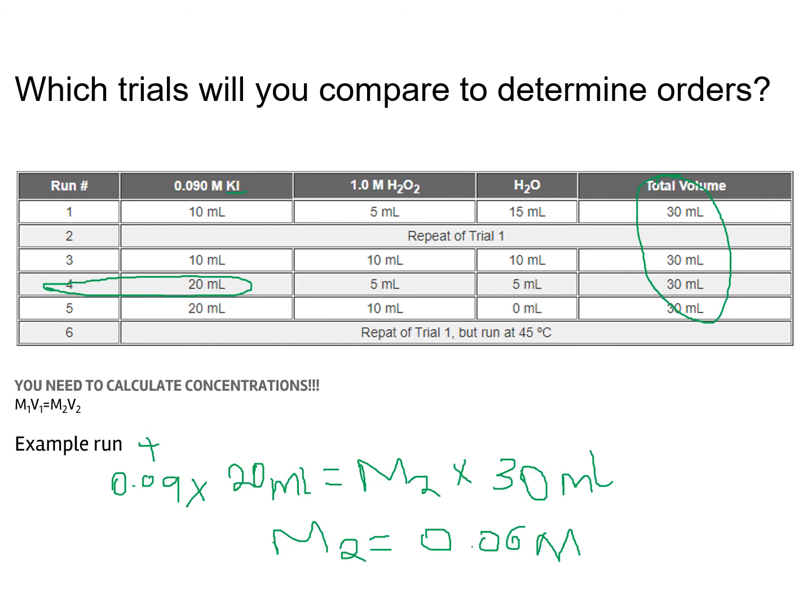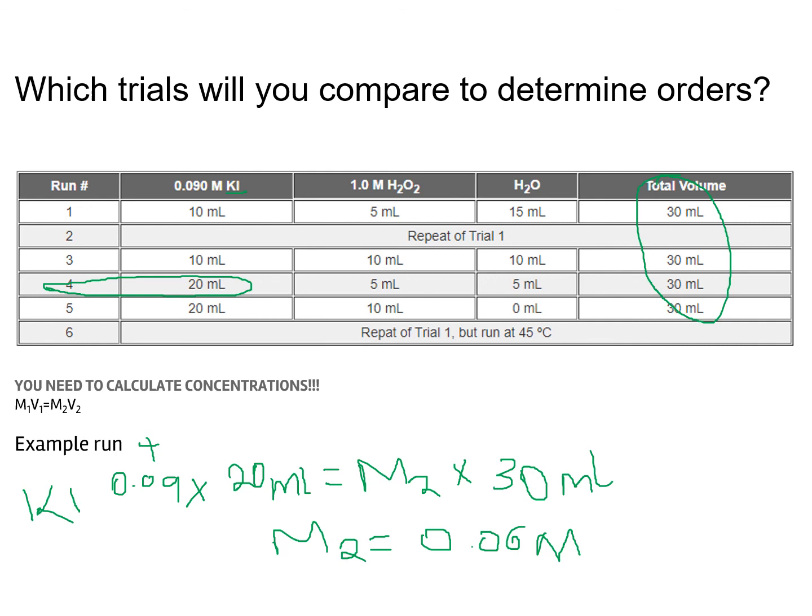Okay, so anyway, I just did this for KI run 4. That means you have to do it for KI runs 1, 2, 3, 4, 5, 6, and then do the same thing for your hydrogen peroxide to determine the concentrations.